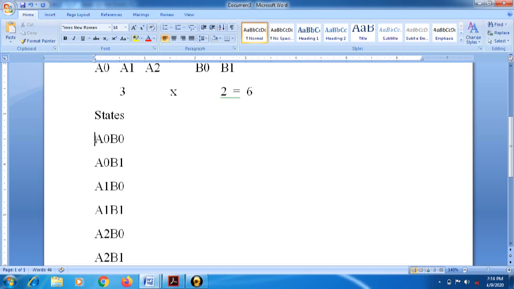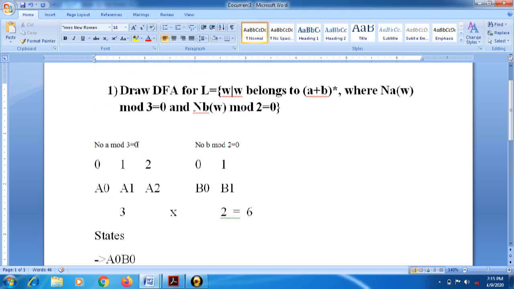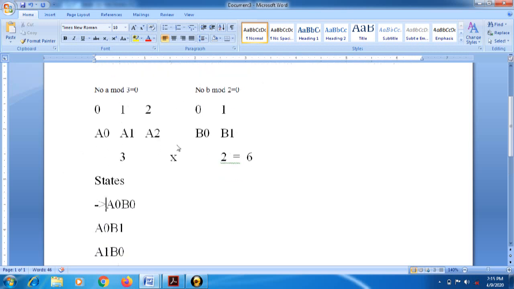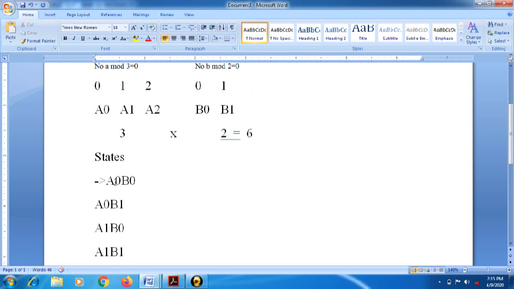A0 B0 is our starting state as well as our ending state, because this is the mod 0 value. Whenever we are doing A mod 3 is equal to 0 and B mod 2 is equal to 0, these two states are acceptable states. That's why we are considering A0 B0 as an acceptance state also. So we are mentioning it as an acceptance state.